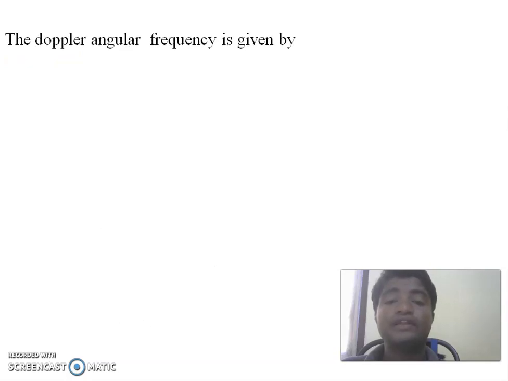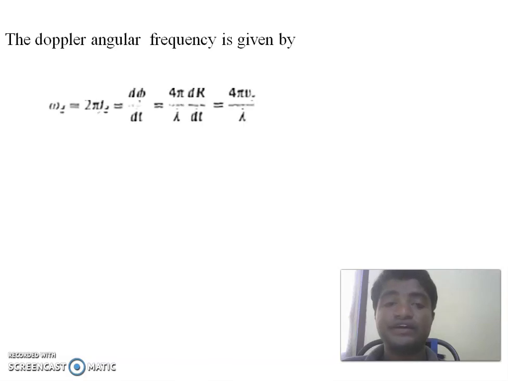The Doppler angular frequency is given by omega d, that is equal to 2 pi fd. Already we know that omega d equal to d phi by dt. We know that angle phi equal to 4 pi r by lambda. By substituting this, we get 4 pi by lambda into dr by dt. The dr by dt, distance by time, is nothing but a velocity vr.